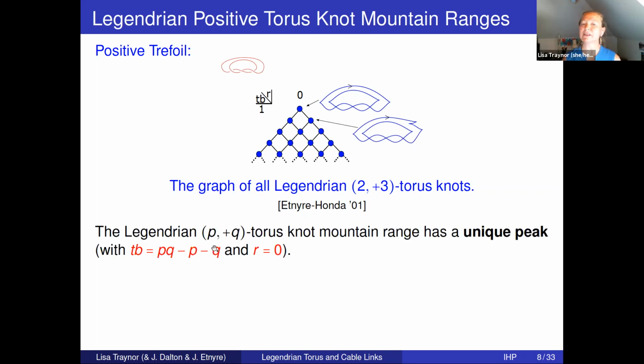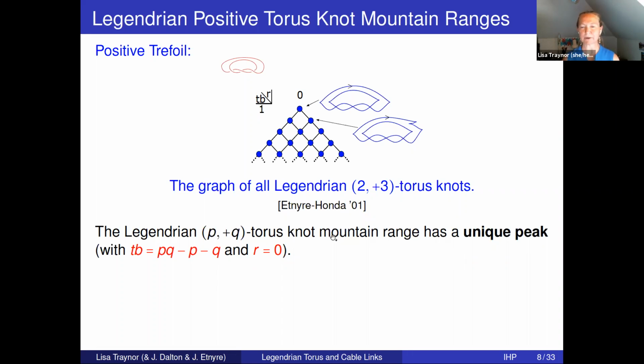In general, any positive torus knot has the same shape of mountain range. There's always a unique peak, and the height of the peak depends on P and Q. The mountain ranges are always symmetric with respect to rotation, since changing the orientation negates the rotation number.